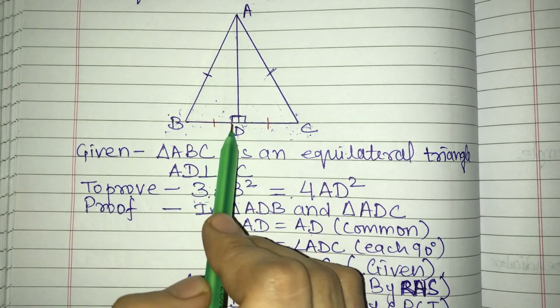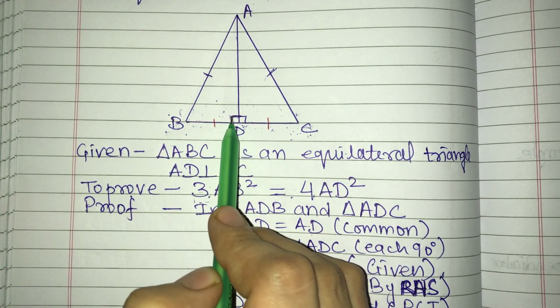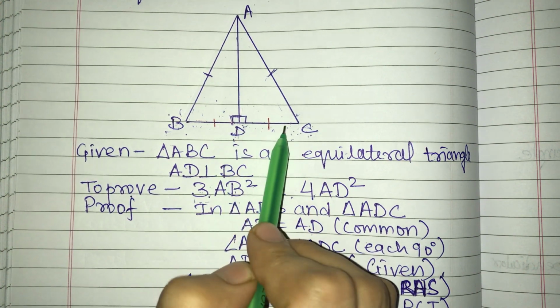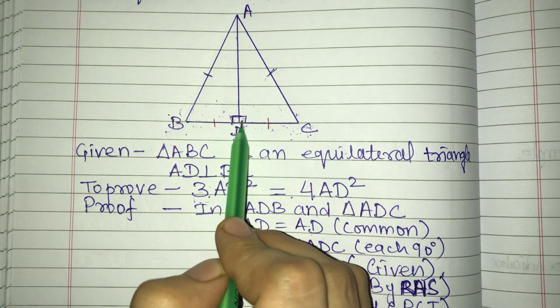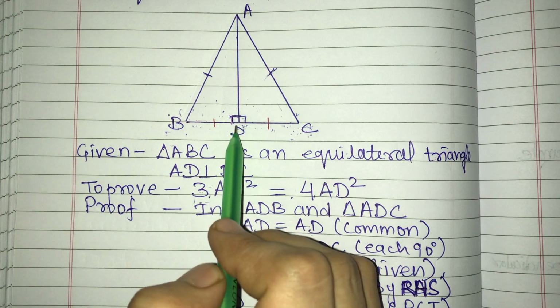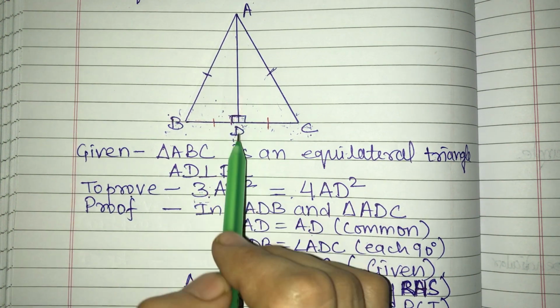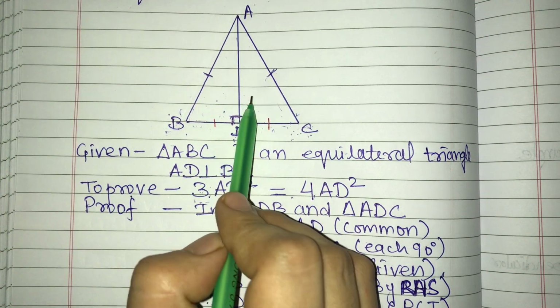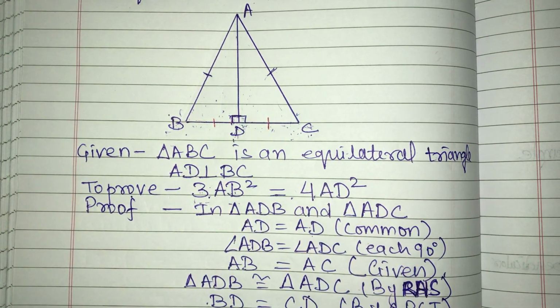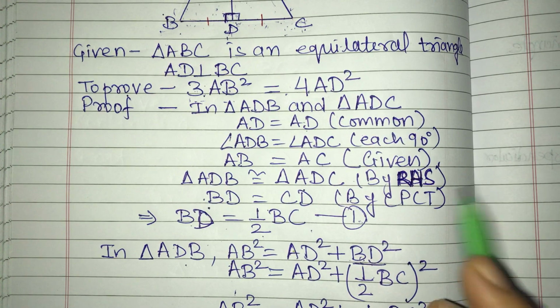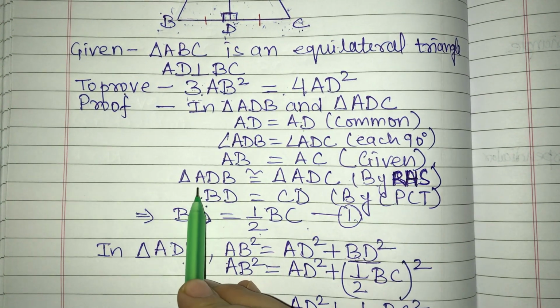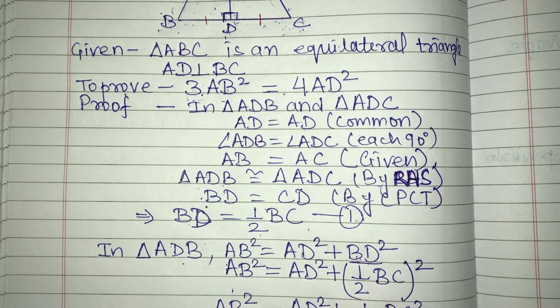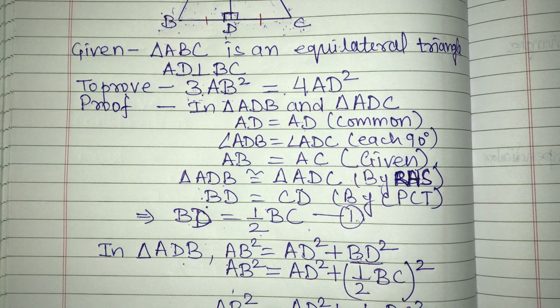Angle ADB and angle ADC are equal, both being right angles. And also we have AD equals AD, this is the common side in both triangles. So these two triangles are congruent by the RHS criteria. So by RHS criteria, triangle ADB is congruent to triangle ADC.